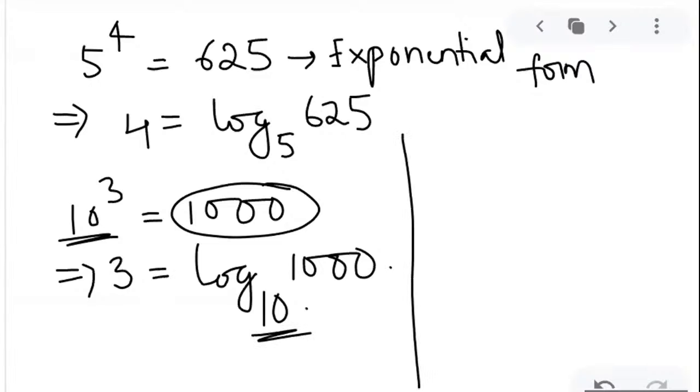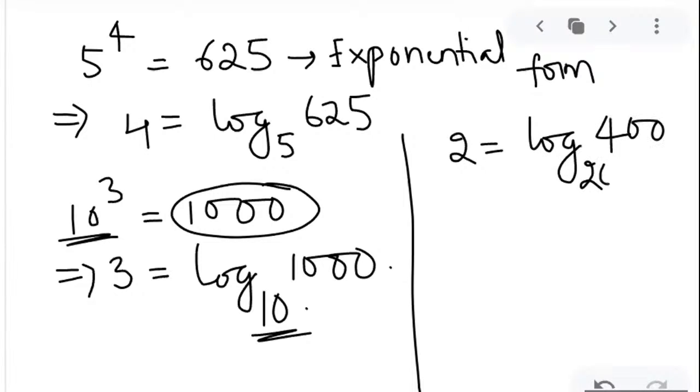All right? Now we'll do the other way around. What is the exponential form of this, Mamata? Again, did you note this down? Yes, ma'am. Tell me.